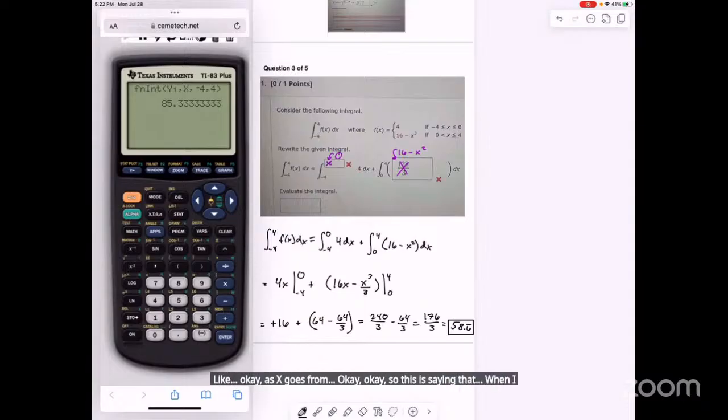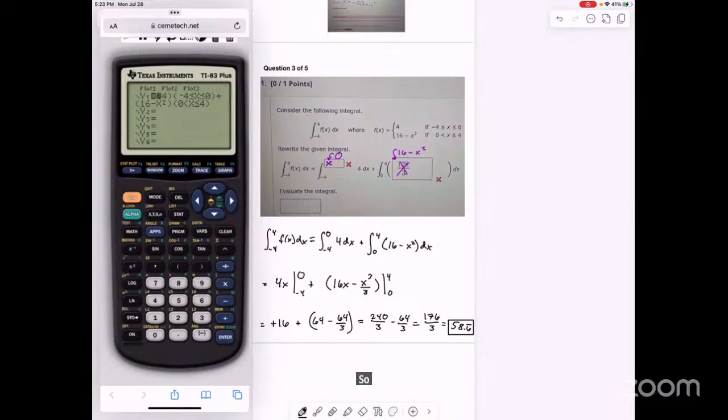When I type this in the calculator, you should write 4 times, oh wow. Okay, so it's saying I'm typing in the calculator wrong. It's the compound inequality on the right that we're not getting properly.